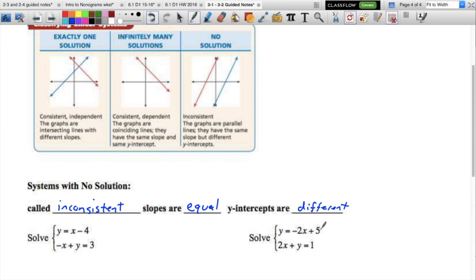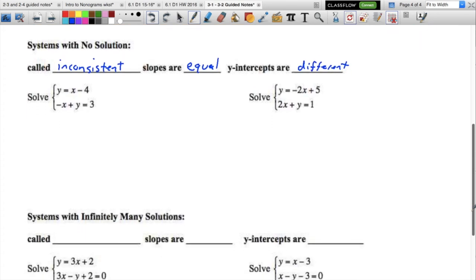Okay, so if you get two lines that have the same slope but different y-intercepts, say y equals 2x plus 5, y equals 2x minus 3. They have the same slope, meaning they're parallel lines. Different y-intercepts means that they'll never touch. This is an inconsistent system, and there's no solution. You'd have to say no solution for that.